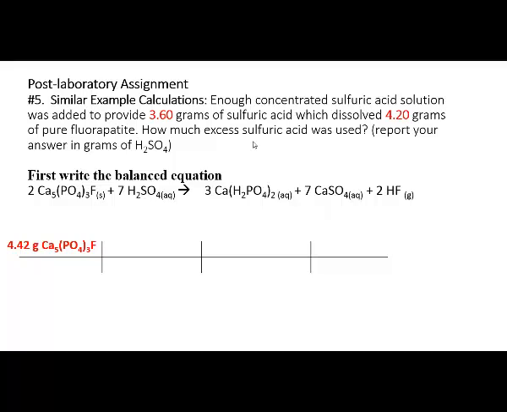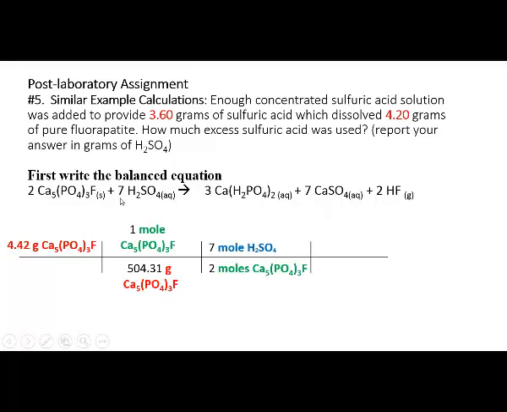I start with the 4.20 grams of fluoroapatite divided by the molar mass of fluoroapatite, 504.31 grams of fluoroapatite for every 1 mole of fluoroapatite. Then my stoichiometric ratio to compare my fluoroapatite to the amount of sulfuric acid was 2 moles of fluoroapatite for every 7 moles of sulfuric acid.